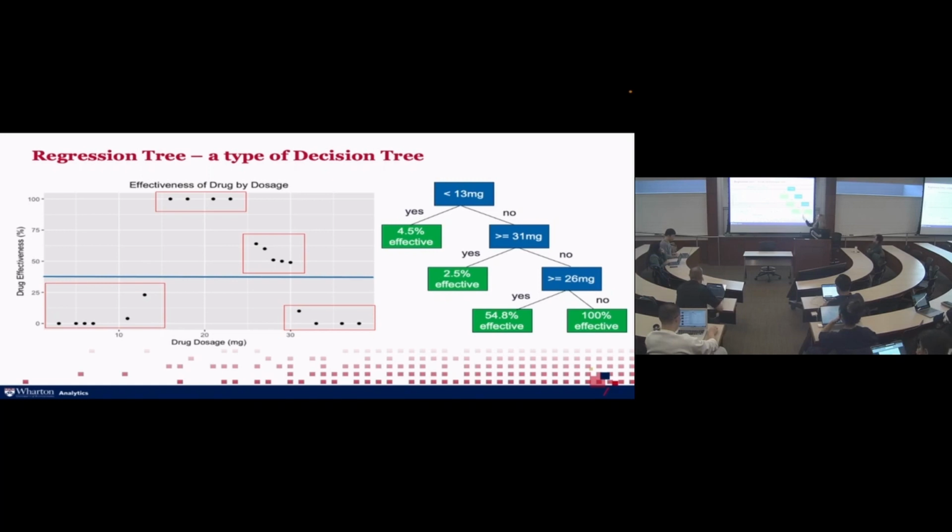And so R told us that the best way to separate the data right off the bat is using this 13 milligram unit up there. So we refer to this as the root node. And so there's a lot of math that dictates behind how you can create these nodes. But this is another way to predict a value that doesn't have that inherent linear nature to it.